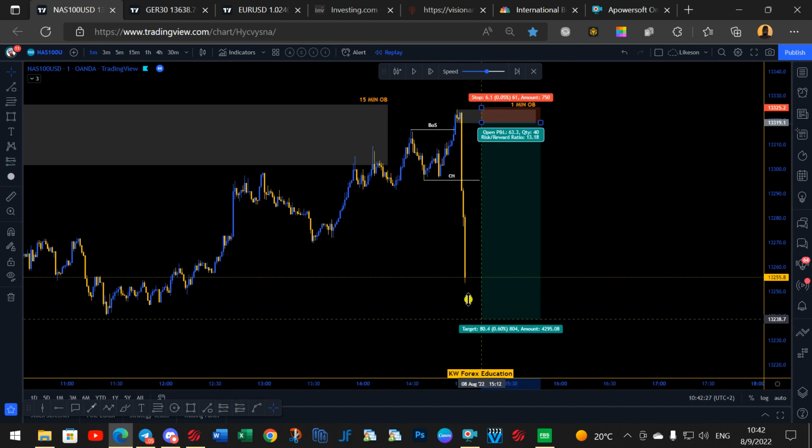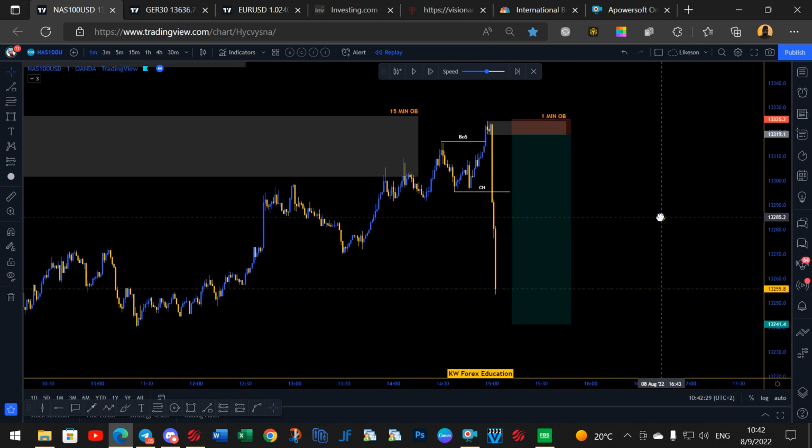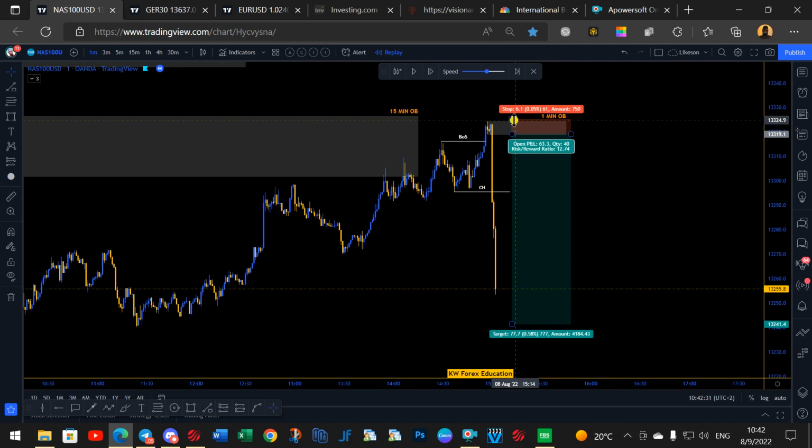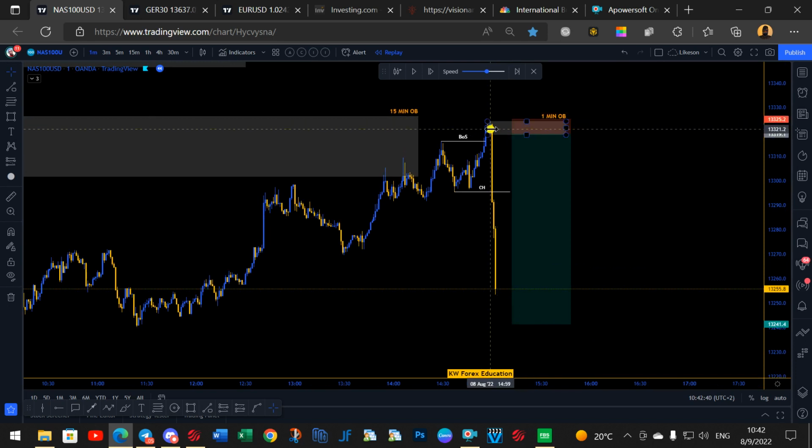So this way I left my sell limit. That's where my stop loss is. My entry should be there. I'm using this as my order block.